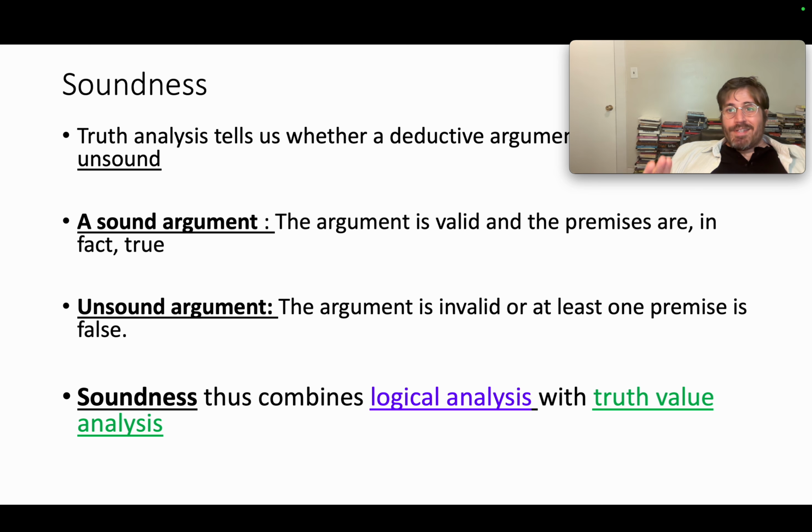Formal analysis is separable from truth value analysis. Truth value analysis is an exploration of whether or not premises and conclusions are true or false factually. Formal analysis is an investigation of whether or not arguments are valid or invalid. That is, it's a look at the underlying structure of the relationship of premises to conclusions.